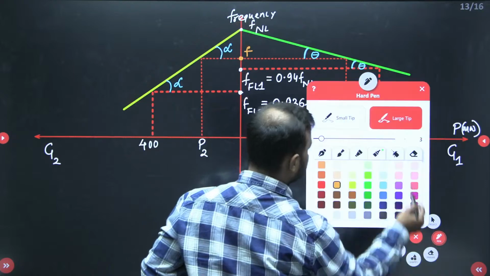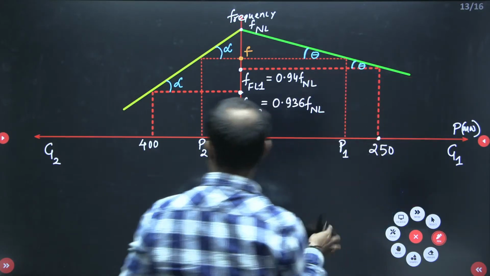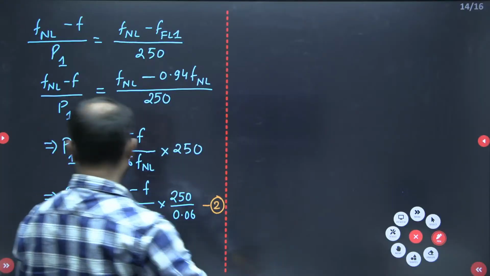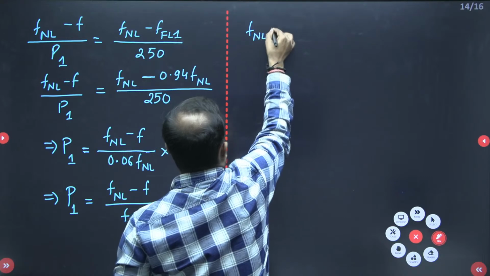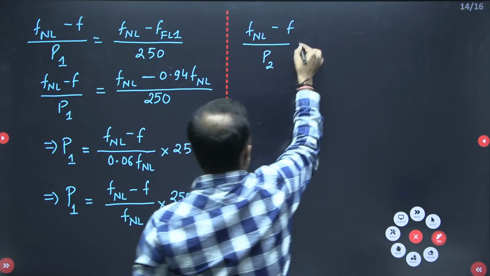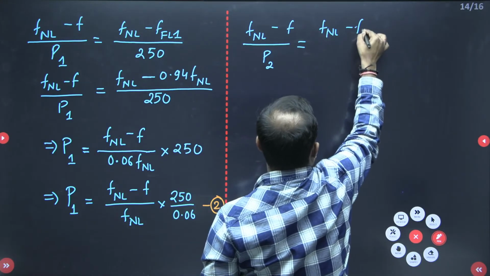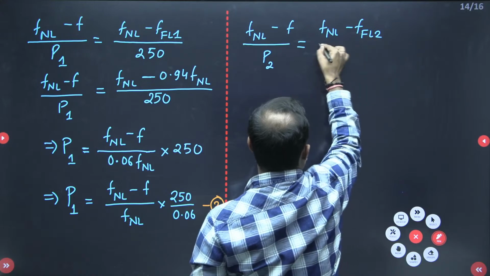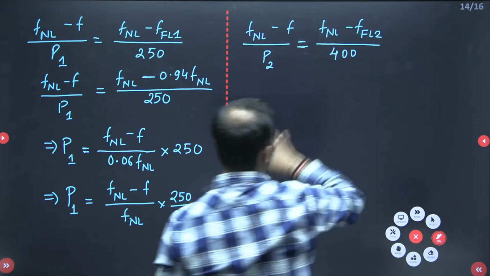So, (F_NL minus F) whole divided by P2 is equal to (F_NL minus F full load 2) whole divided by 400. Got the point?